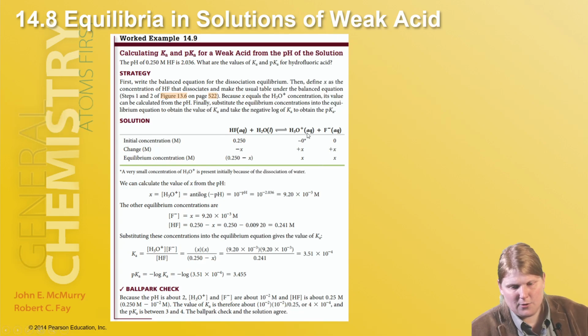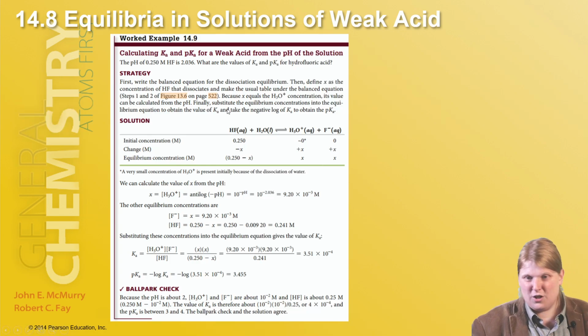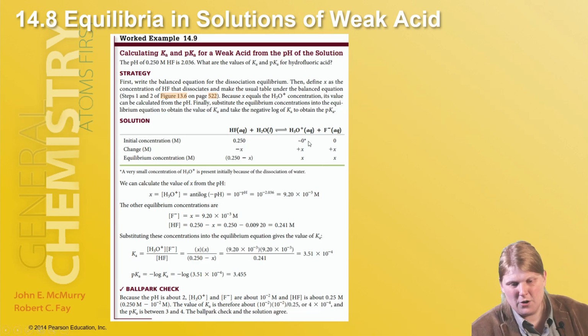We could say that there's 1 by 10 to the minus 7 in here. If we get small enough numbers, we can apply that as a correction. But generally, because this concentration is so big, and this is HF, which is a pretty strong weak acid, we're going to assume that the contribution from the water is negligible for now. There's no fluoride ion present. They didn't tell me about anything, so I'm going to assume that there's none of that present.